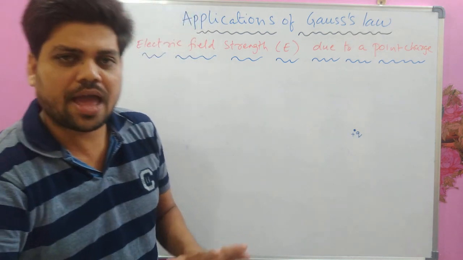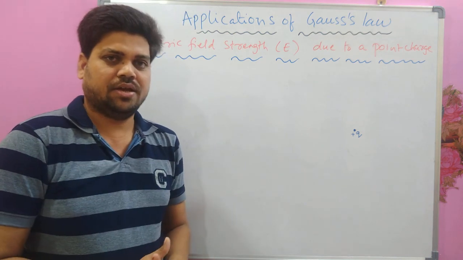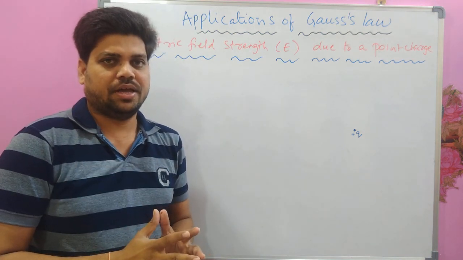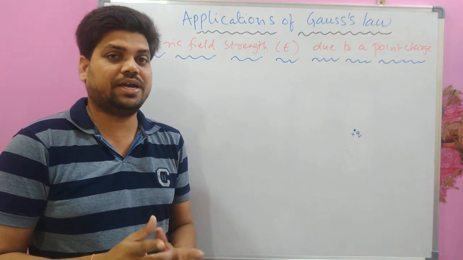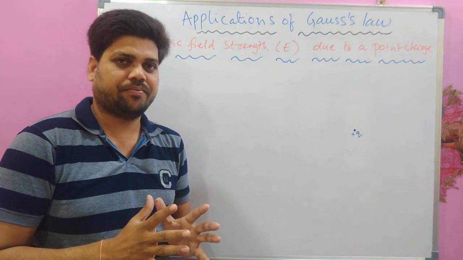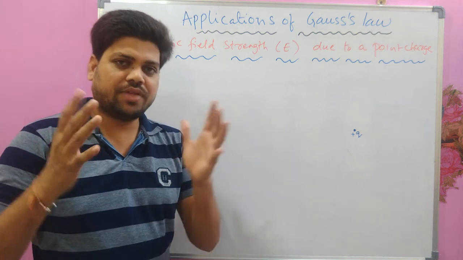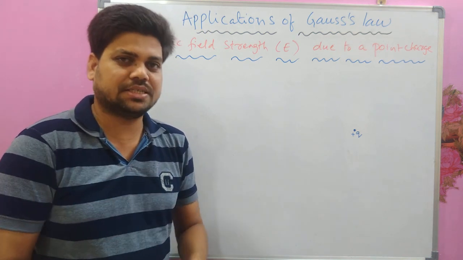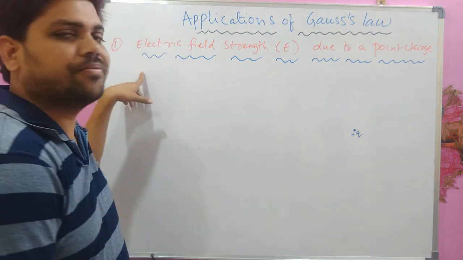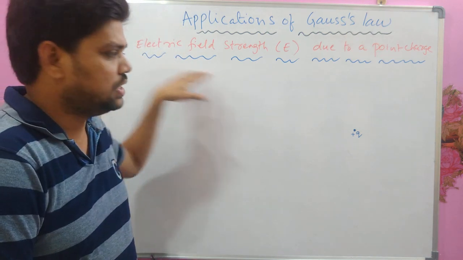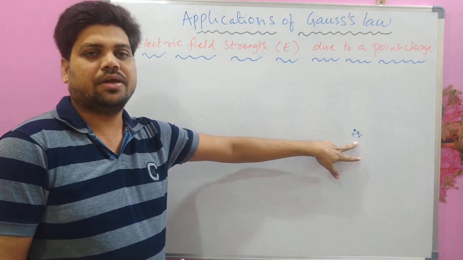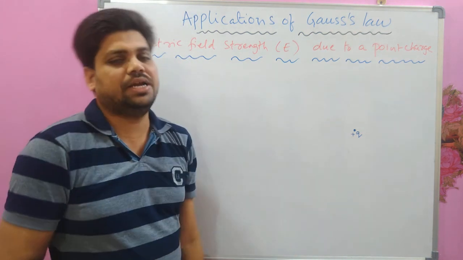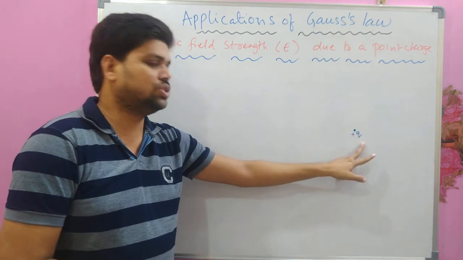See, we know that every electric charge, whether it is in motion or rest, will produce electric field in the space around it. And if that is producing electric field in the space around it, how much is it? That is the question. So this is the problem given to you, and we are going to use Gauss law to find out that electric field produced by this charge.